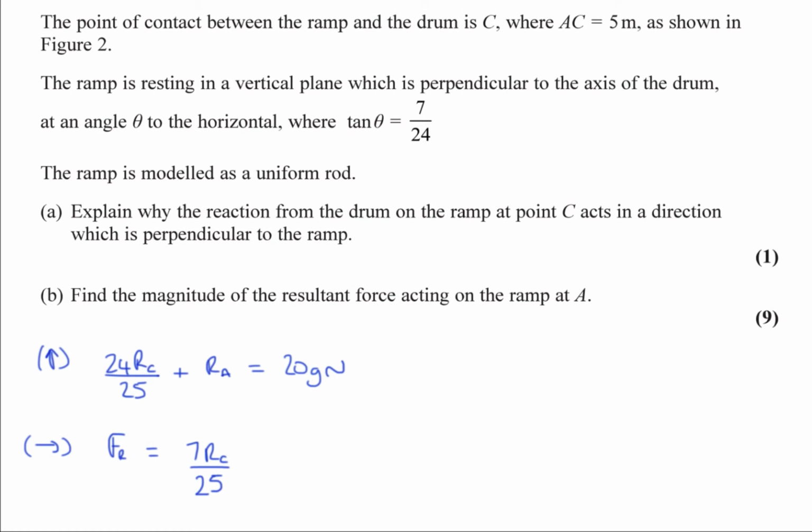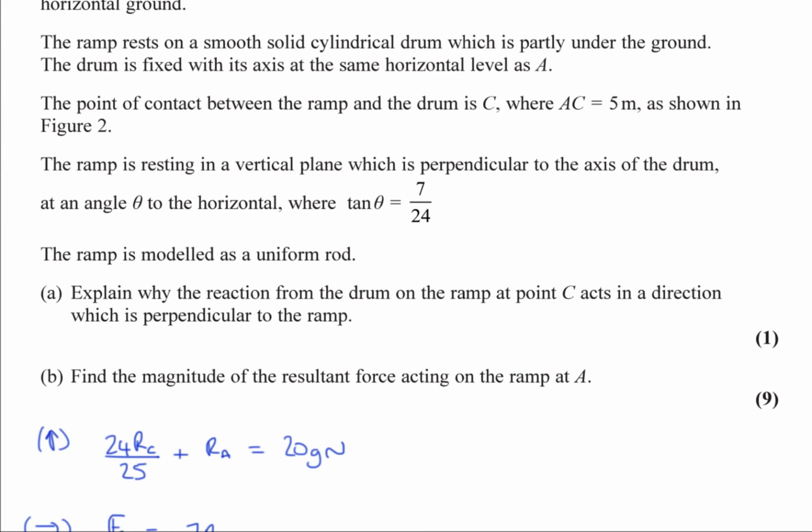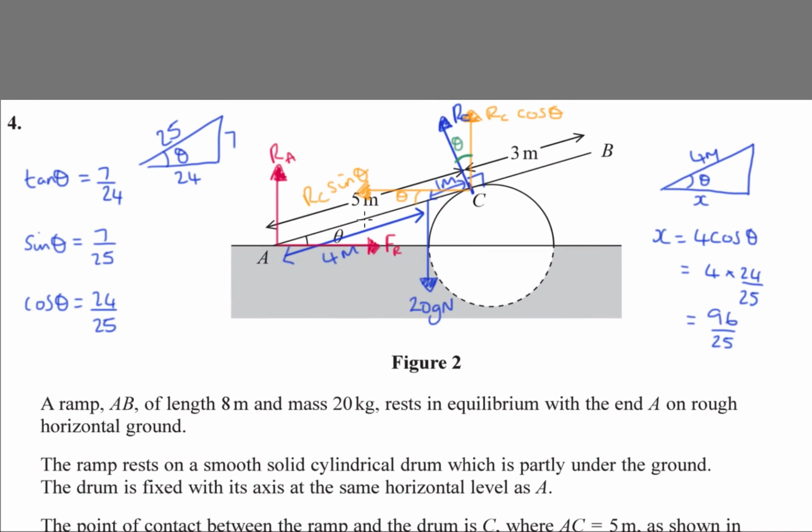The question wants to know the magnitude of the resultant force acting on the ramp at A. So the resultant force of the 2 forces acting at A. So we know they're the 2 pink ones. So we're looking to find a force that's going to be acting in this direction that's the resultant of FR and RA.